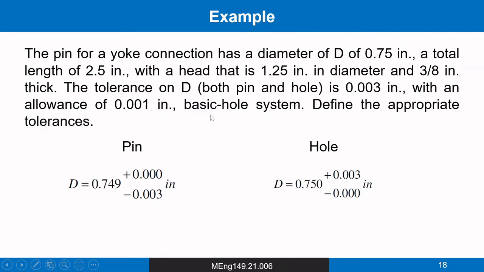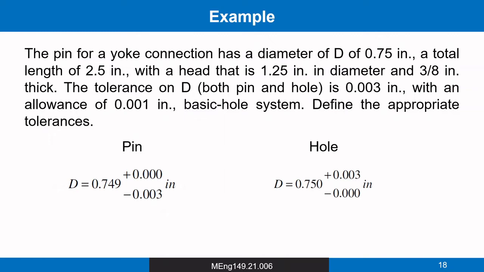Okay, so basic hole system, just a sneak preview of the basic hole system kay mas ako na siyang ma-discuss sa next nga topic dito sa fit is that sa basic hole system is that ang gibasihan na to ani is ang hole, not the pin or the shaft. So thus kung sa basic hole system ang mag-adjust is ang katong shaft.